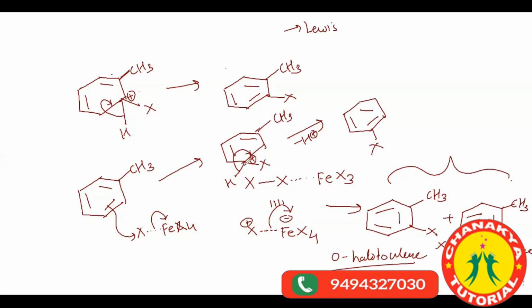Ortho meta. Sorry, I have kept it here. It should not be here. It should be at the para. You should tell me, I was expecting this from you. Isn't it? Yes, ma'am. Not a para position, if it would be here.